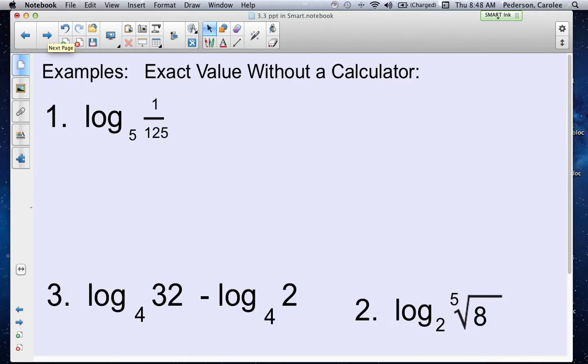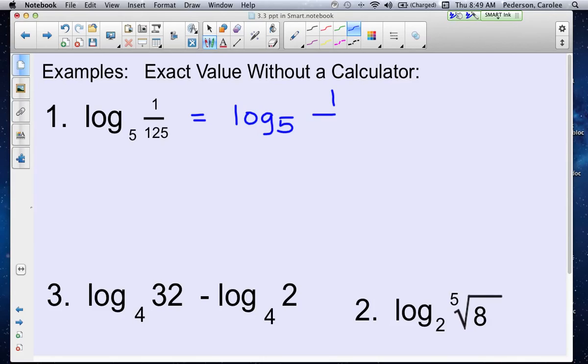Yes, what can I do? Could you do like 5 to the x equals 125? You're really close, yes. We could reduce it. So it looks like this, log base 5 of 1 over 5 cubed. Do you agree with that? 5 times 5 times 5 is 125.